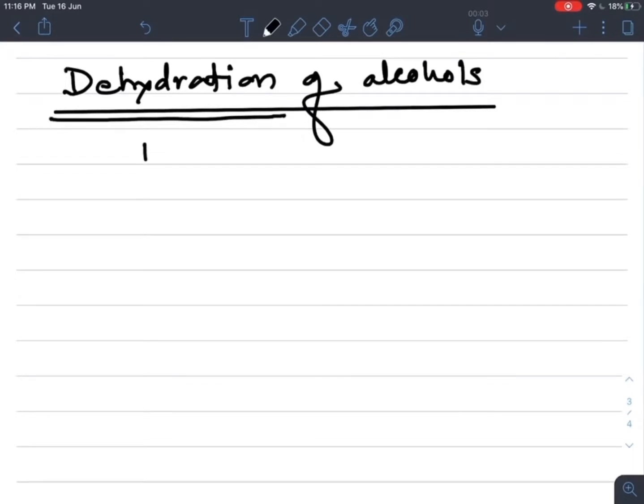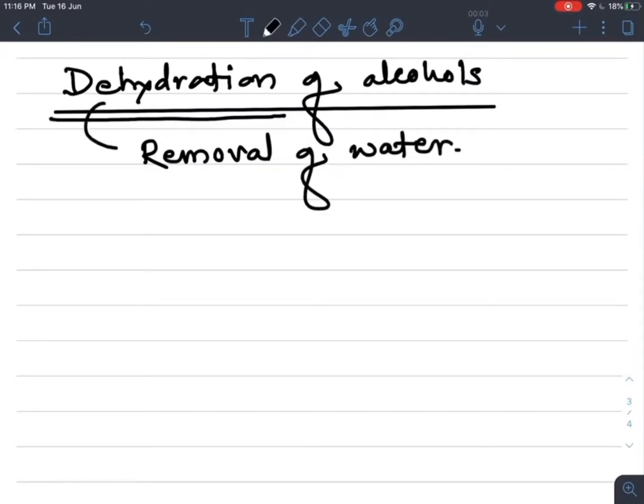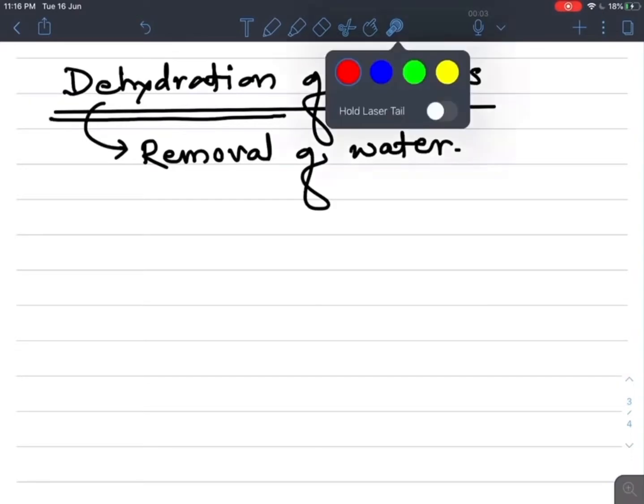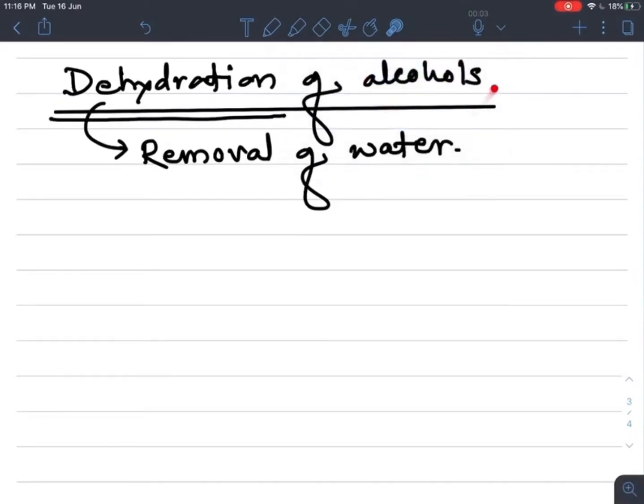Dehydration means removal of water, that is called dehydration. So removal of water from the alcohol molecule. How does it take place? Removal of water from alcohol takes place if we use dehydrating agents.